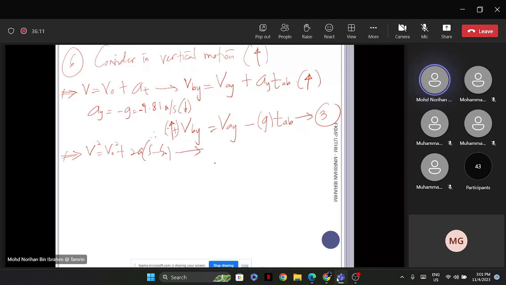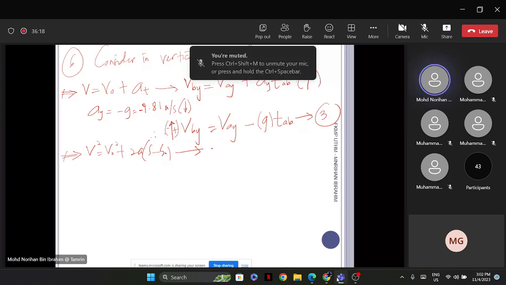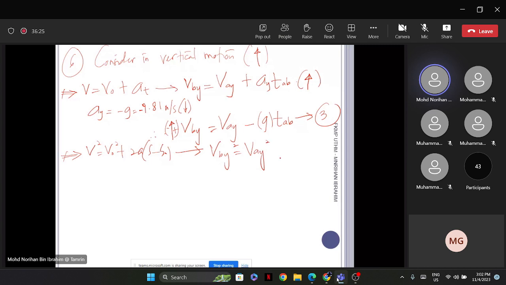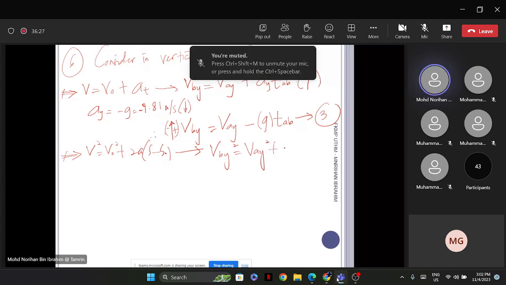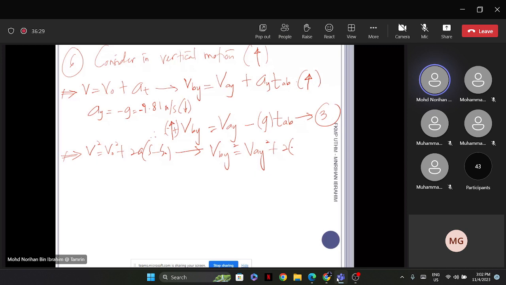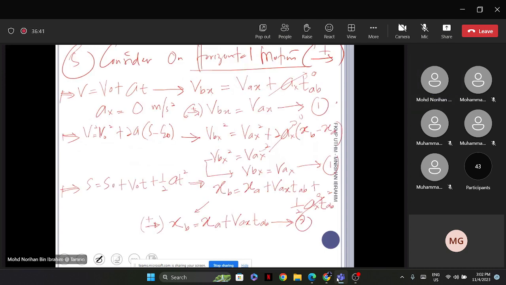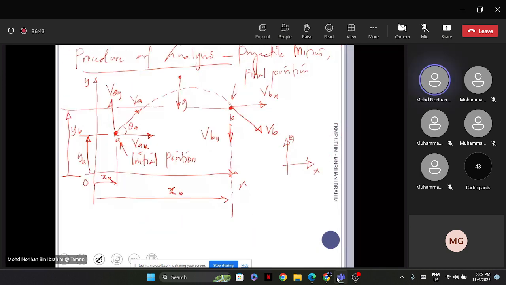Relating with our illustrations by considering the vertical motions, we have vby to the 2 is equal to vay to the 2 plus 2 times minus g, s minus s naught. So this one is yb minus ya.